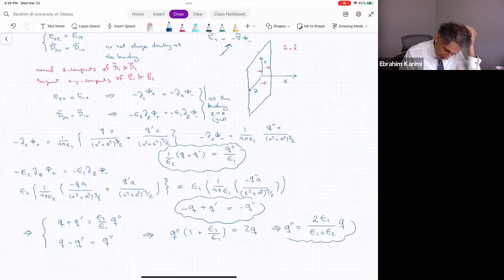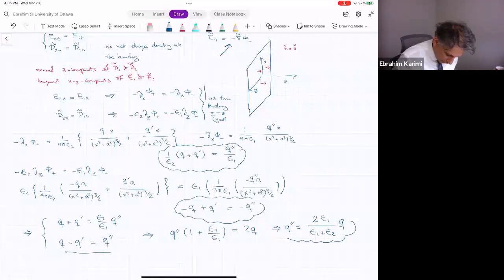And substituting it into this expression, q prime goes there, q second will be here, then it will be epsilon 1 plus epsilon 2 minus epsilon 1.